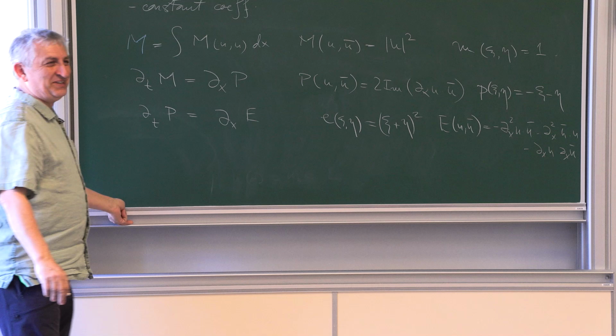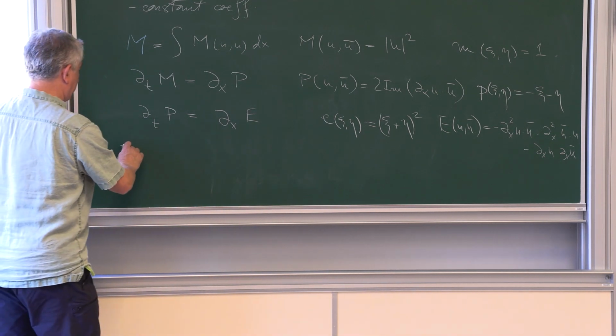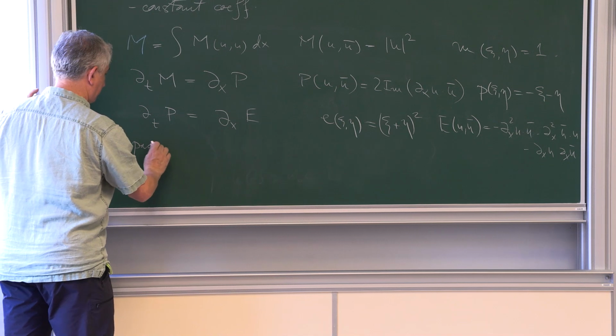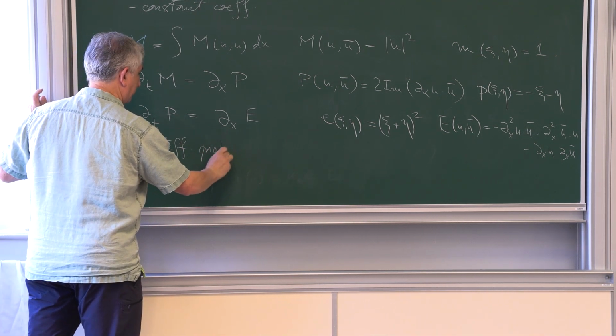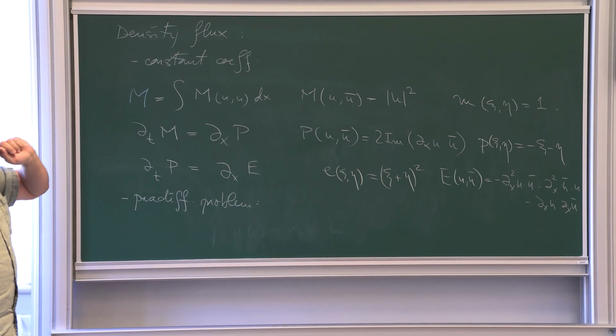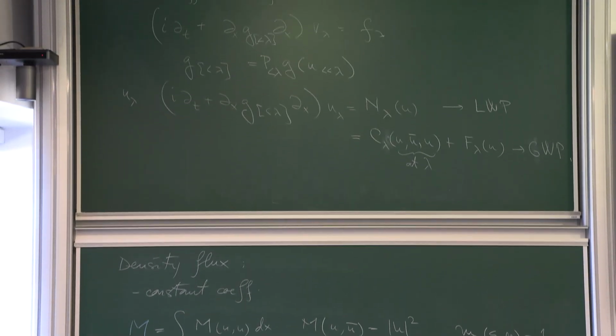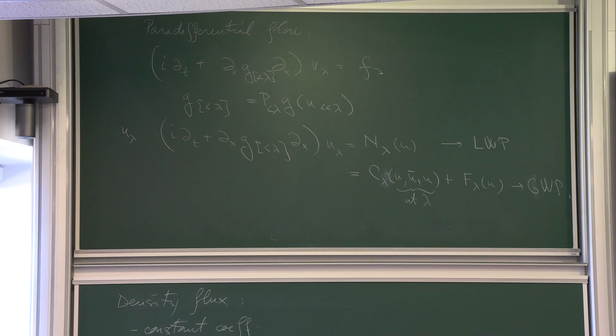All right. So now the next step would be to go to the paradifferential problem. And so that's our problem up there, okay? And now I have to make some choices. Let's see.